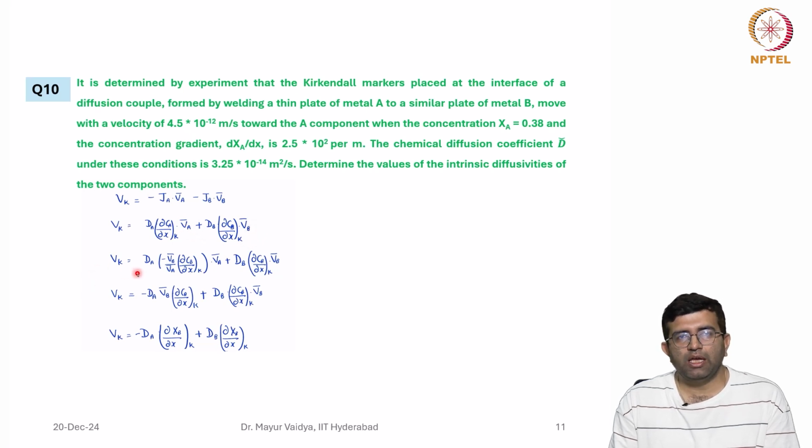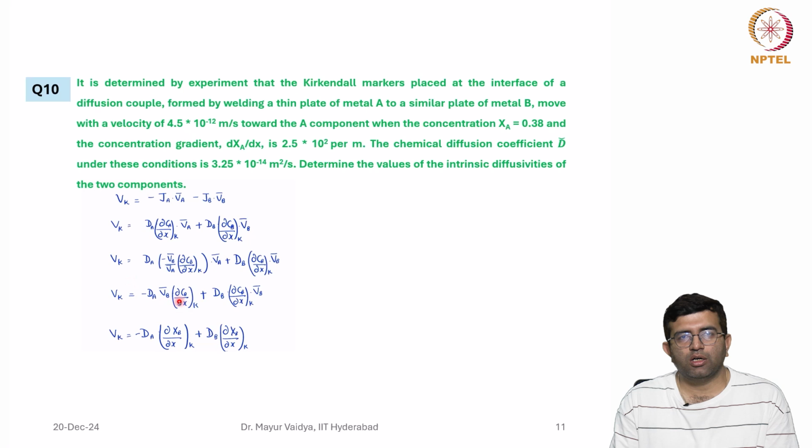So Vk is equal to DA, and dCA/dx can be written as minus VB bar by VA bar into dCB/dx, which we have seen previously, multiplied by VA bar, plus DB dCB/dx at the Kirkendall marker plane into VB bar. Then VA bar and VA bar get cancelled. What you have is minus DA into VB bar into dCB/dx plus DB into dCB/dx into VB bar.